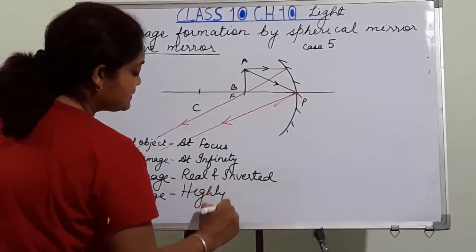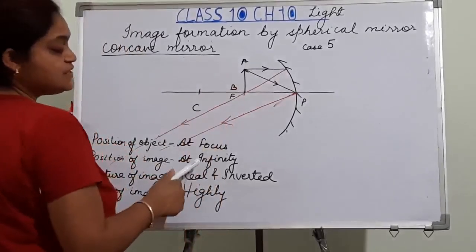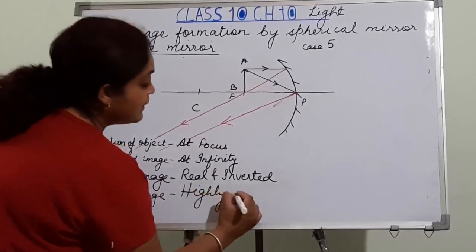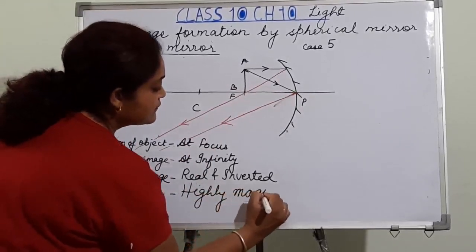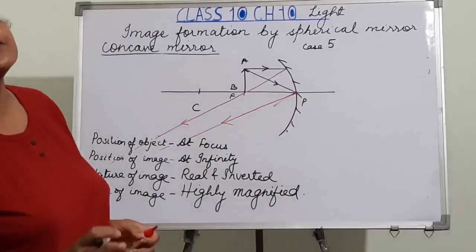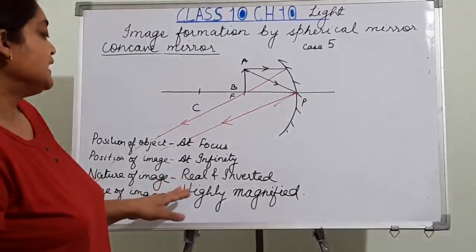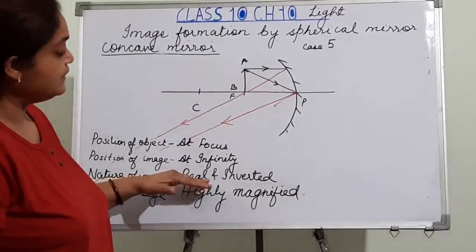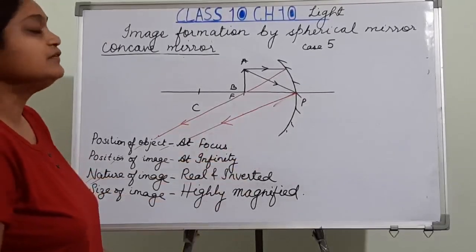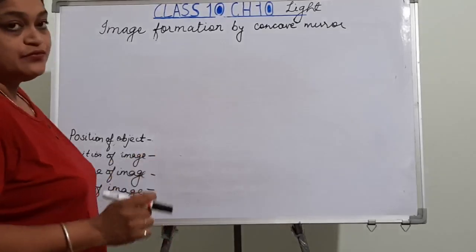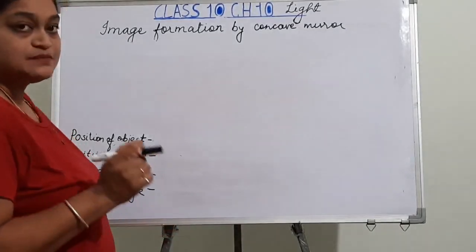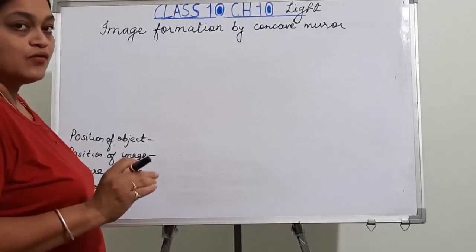So when the object is placed at focus, the image is formed at infinity. It is real, inverted and highly magnified. So till case 5, you have all seen that the nature of image remains real and inverted for a concave mirror. The image formation by a concave mirror when the object is placed between focus and pole.